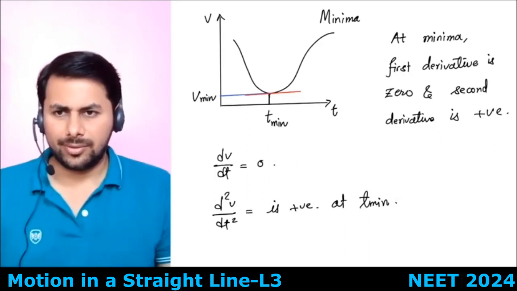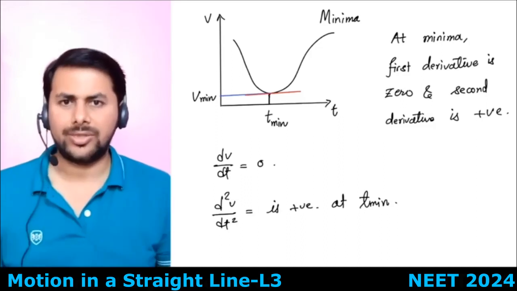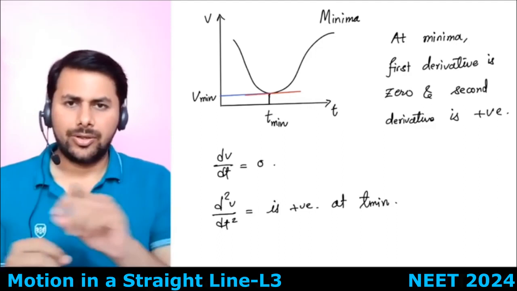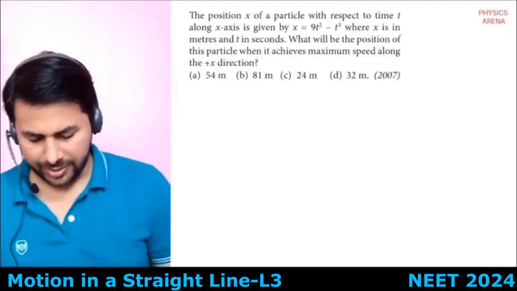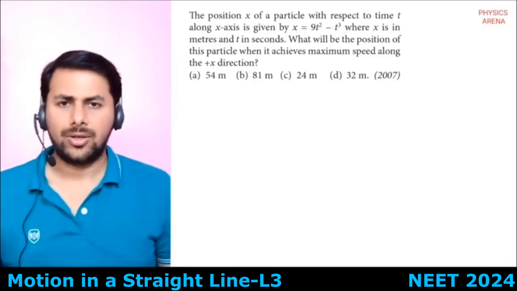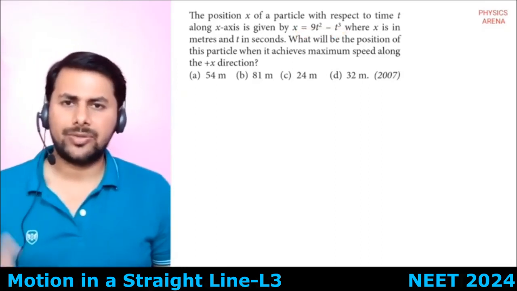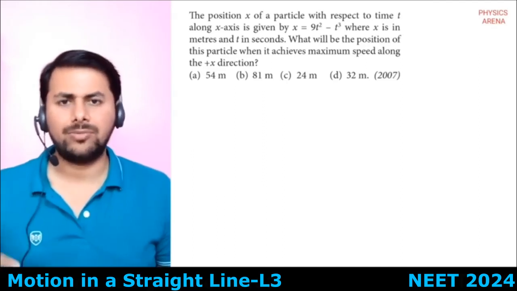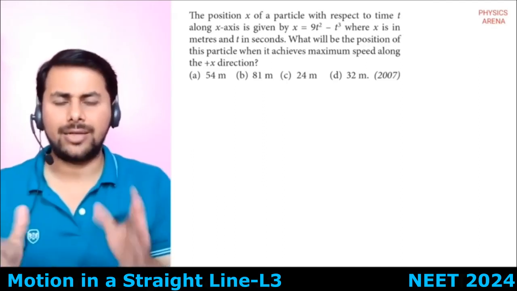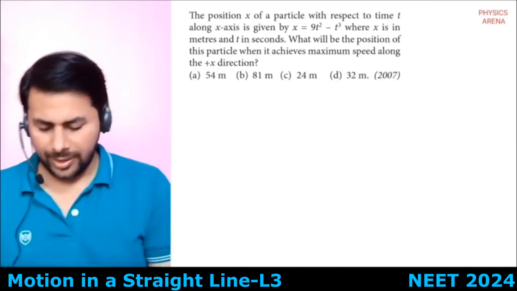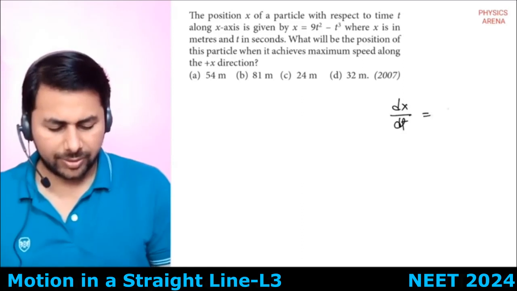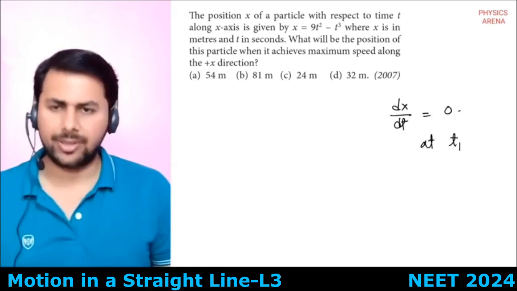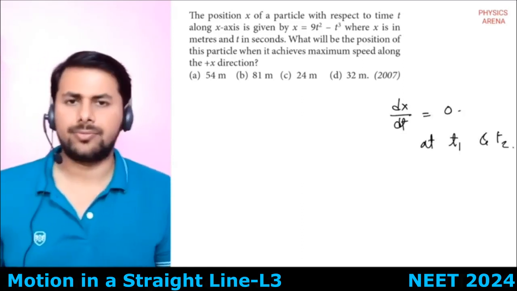Yes, sir. Okay, so now you are given some function. You are given x in terms of t, and you take its derivative with respect to time. Suppose it becomes 0 at 2 points, that is, dx by dt is equal to 0 at some time t1 and time t2.